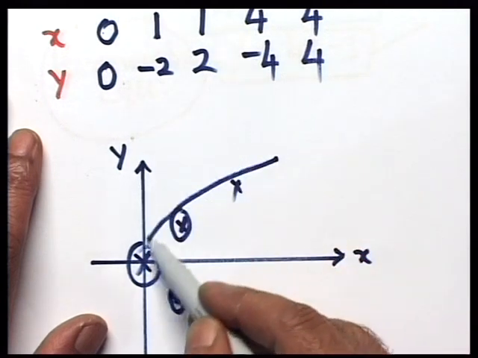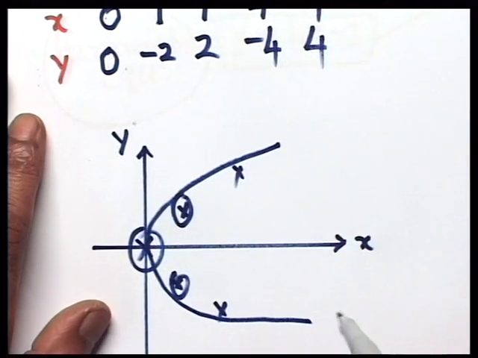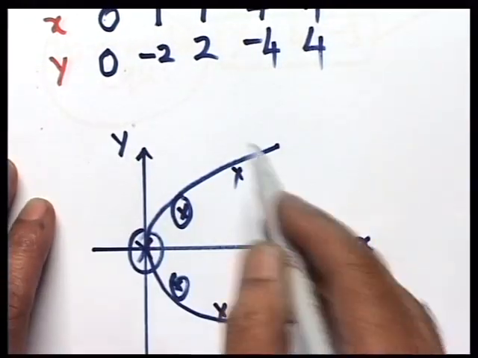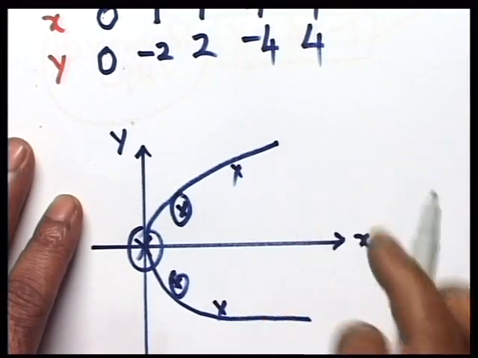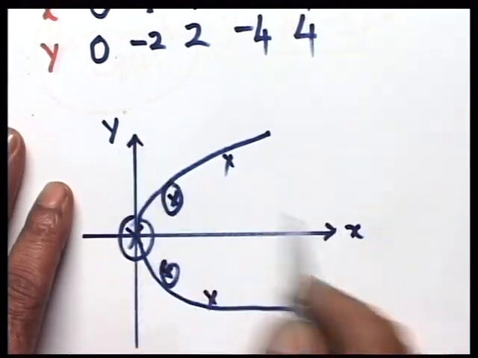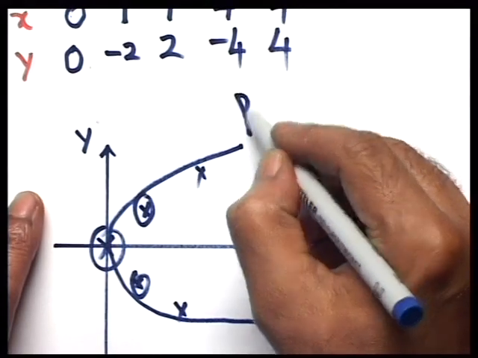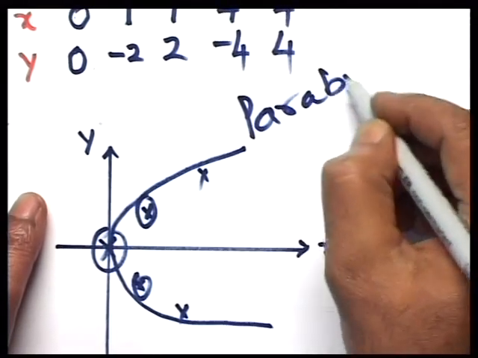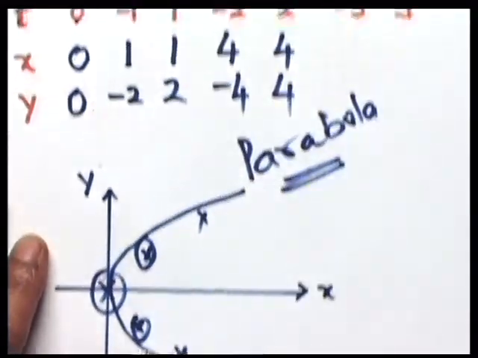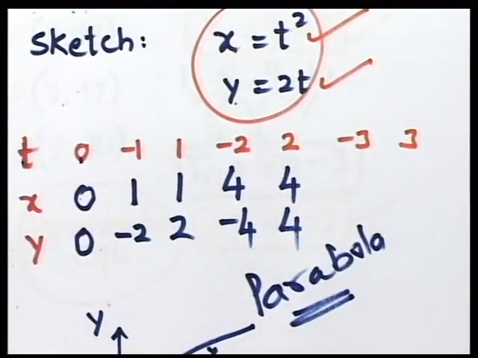So basically we are looking at a U-shaped curve sideways, right? That's how the curve looks in a Cartesian plane, that's the xy plane. This is actually called a parabola, right? That we know. So sketching of the curves is like this.